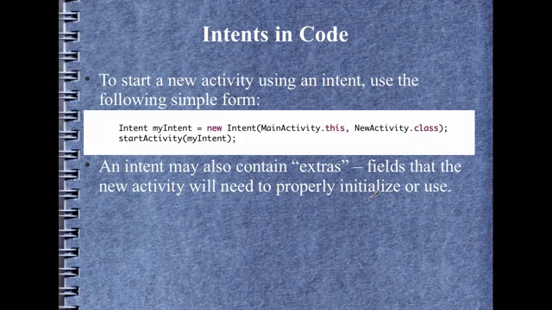And then we call start activity with the new intent, and that will actually start the activity and display it. And that activity will have its own life cycle, which works along with the original activity's life cycle. An intent can also contain extras, and these are fields that the new activity might need to properly initialize data or use data from the first activity.